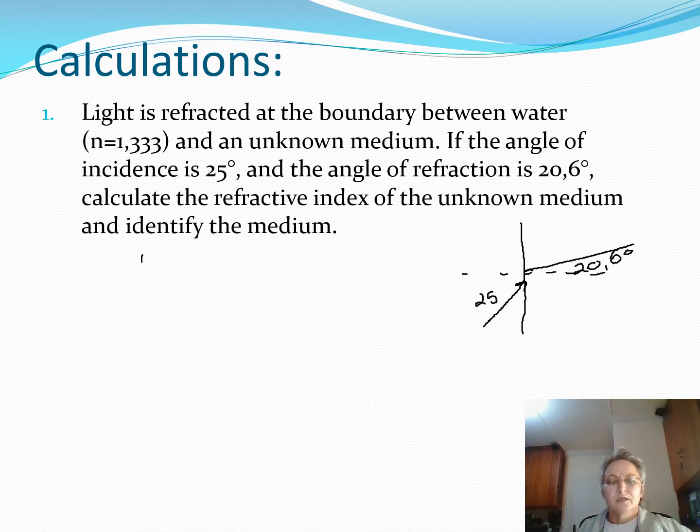So the light is going to slow down, from medium 1 to medium 2.